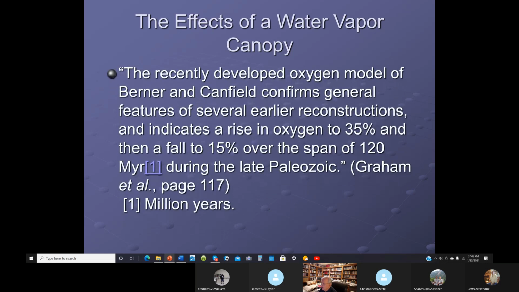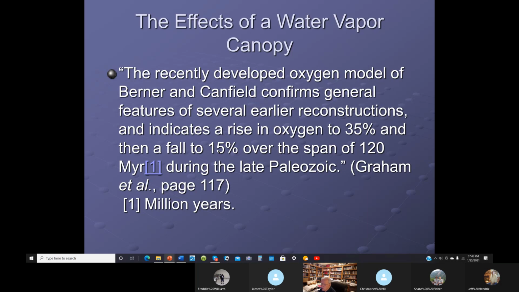Now, right here, this is another one from another source. This is Graham. The recently developed oxygen model of Berner and Canfield confirms general features of several earlier reconstructions and indicates a rise in oxygen to 35% and then a fall to 15% over the span of 120 million years. So they're claiming it went down to 15% at one time.